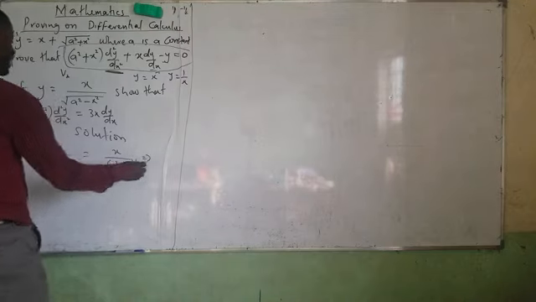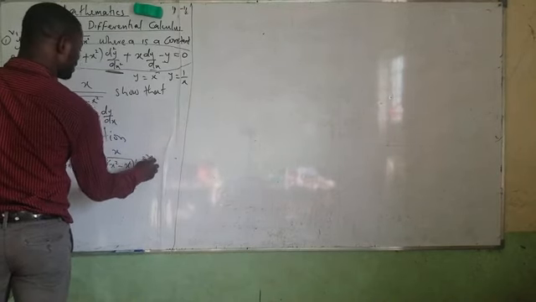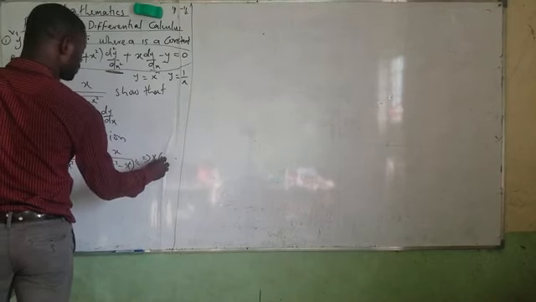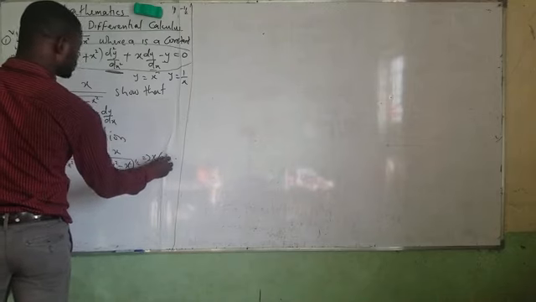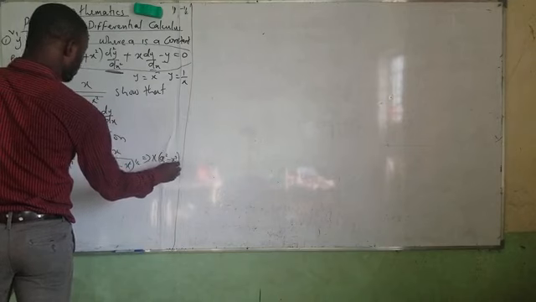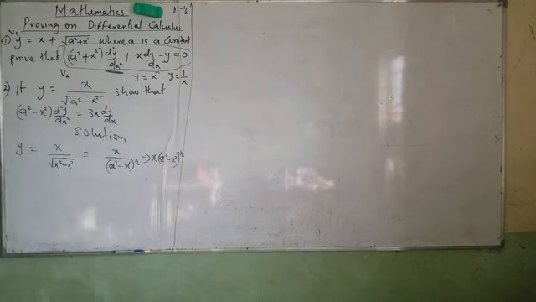This can also be written as x times (a squared minus x squared) to the power of minus 1 over 2. Anyhow, use whatever is convenient for you. Anything you can do to make it easy for you.